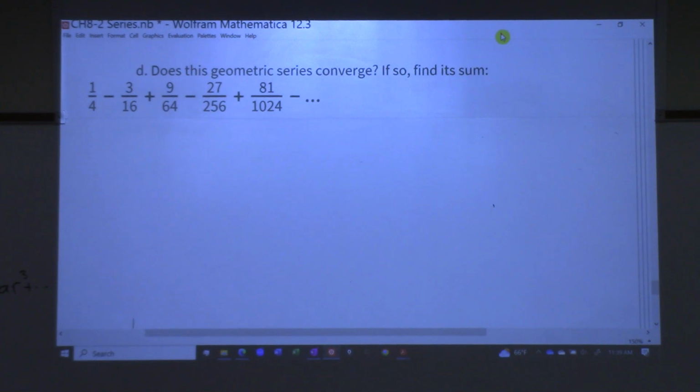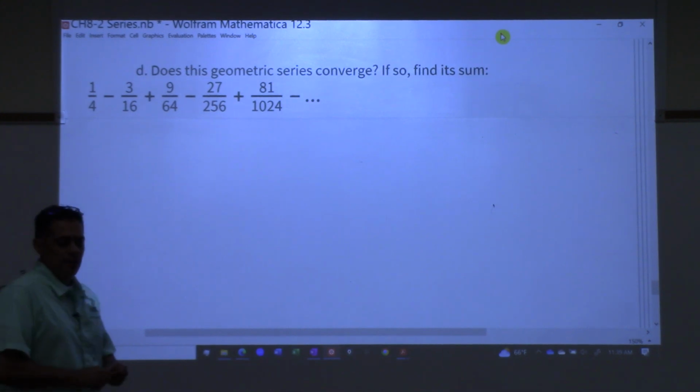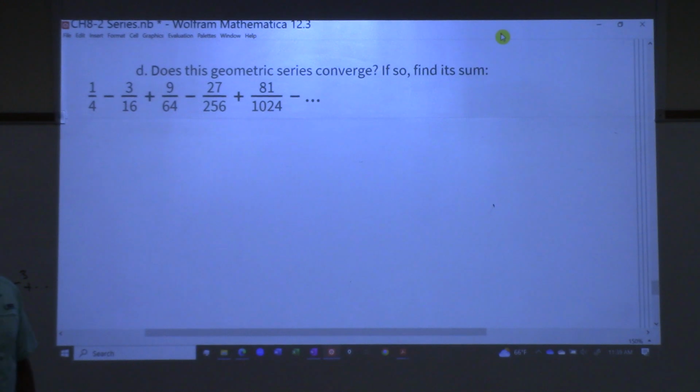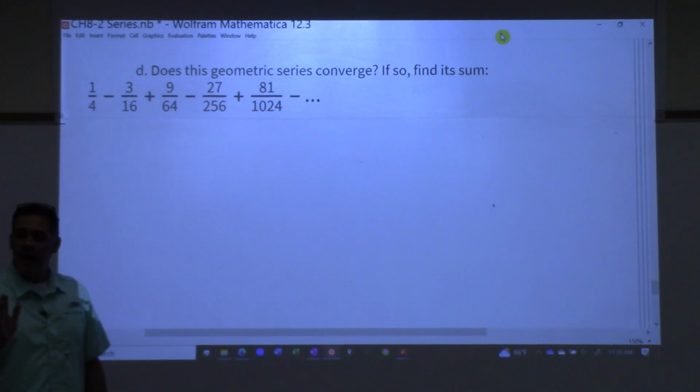When it says to find the sum, that's just saying what it converges to. Yep. The sum is what it converges to. I've been doing Cal 2 for a long time, and every time I give the final exam, I tell my students, if I tell you to find the sum of a series, I'm already giving you a huge hint.